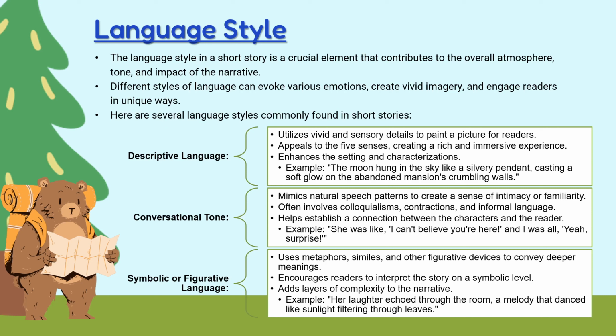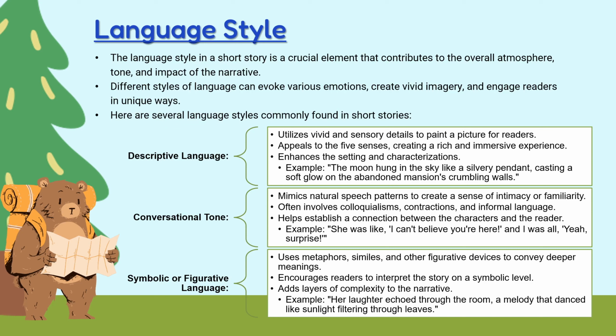Descriptive utilizes vivid and sensory details to paint a picture for readers. This is where they describe the characters, the location, those kinds of things. It appeals to the five senses, creating a rich and immersive experience, so it helps to enhance the setting and the characterization.